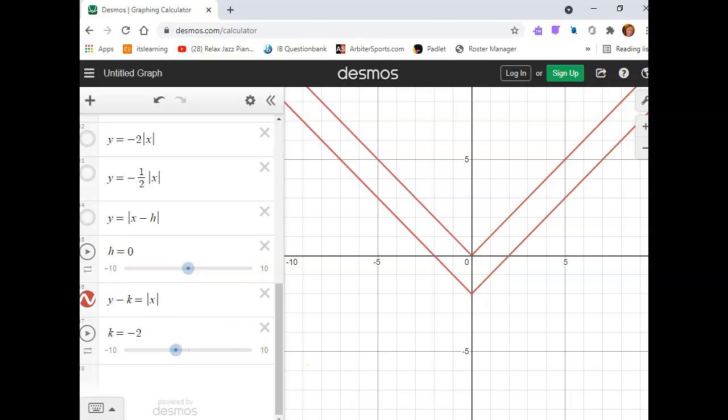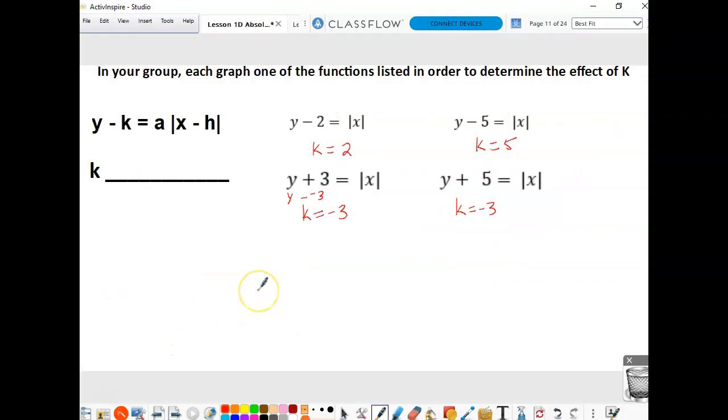All right, so when we go back and look at this, we can say then that the k value translates the graph up and down, which is vertically.